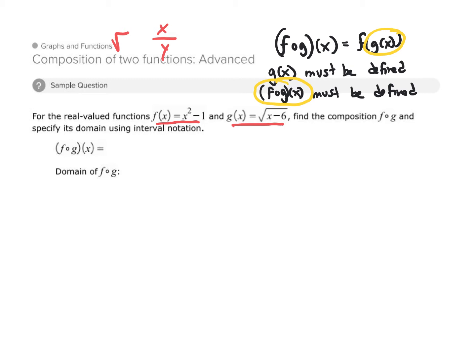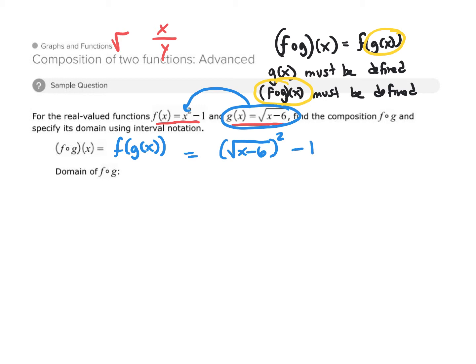So if I'm doing the composition, f of g of x, I'm going to plug everything in from g and put it in for x. Now this is why this one's a little deceiving, because when I plug in the square root of x minus 6 for x, I get square root of x minus 6, squared, minus 1.